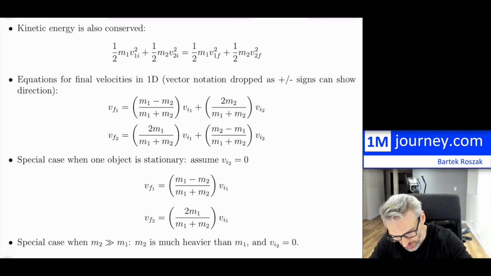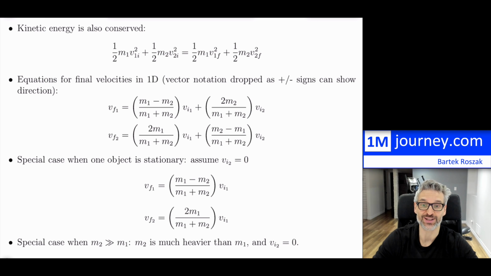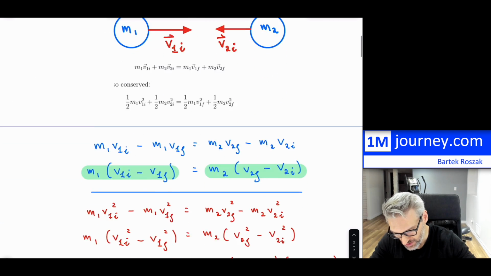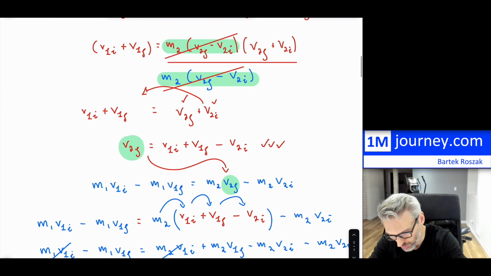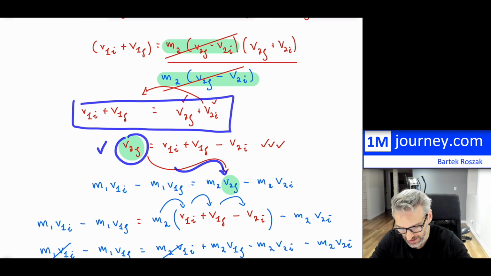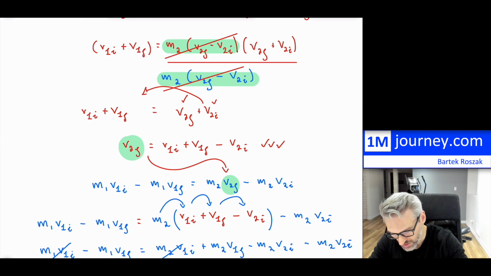Now, you can show this exactly in the same fashion. If you were coming back to over here, instead of isolating for V2F, which is what we substituted back in here, you would have substituted for V1F.